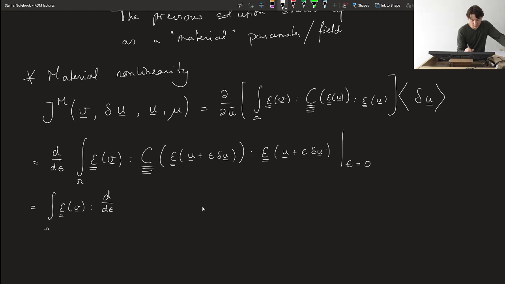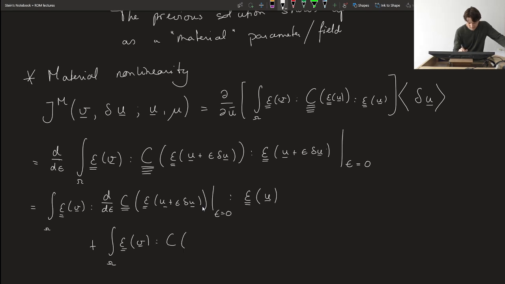Of d epsilon acting on c, evaluated at epsilon equal to 0, double contracted with this one constant, plus the integral, right, product rule, with now the derivative acting on the strain.